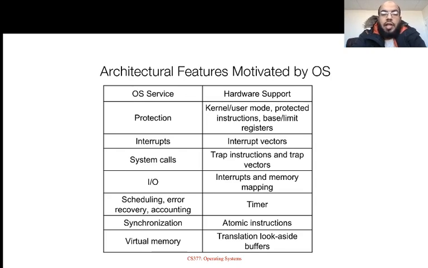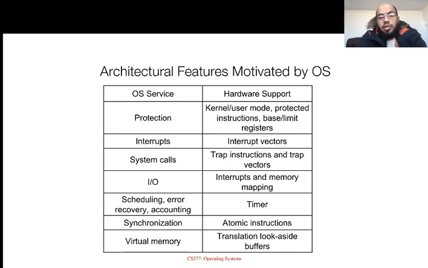Something happens, and there are interrupts and memory mapping to help you manage these input output services in the operating system. For example, when you plug in a USB stick or an external hard disk, you need to map it somehow to your system. You have scheduling, you need error recovery, you need accounting in your operating system. We'll talk about these also.